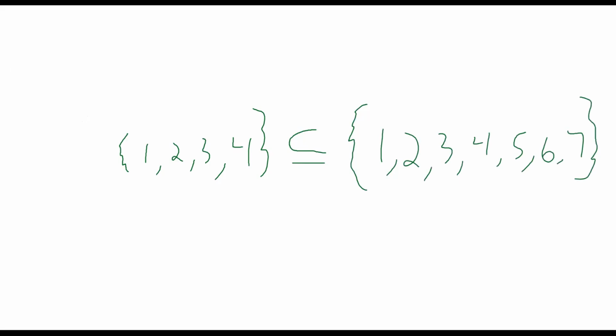This is a true statement, because all elements found in this set can also be found in this second set. Even though the second one is bigger, that's okay. It's a subset. The word sub makes you think of being smaller than, or a lesser version of. So this is a true statement.